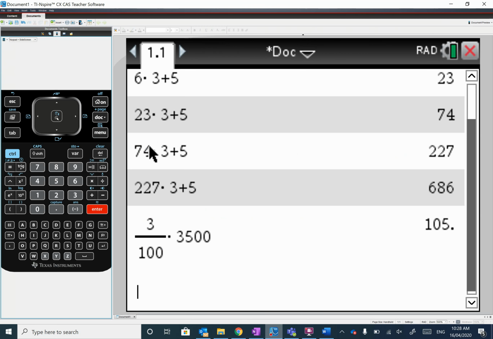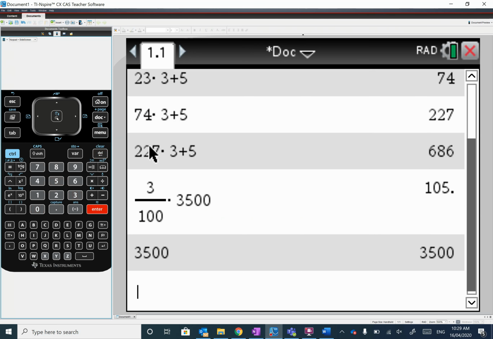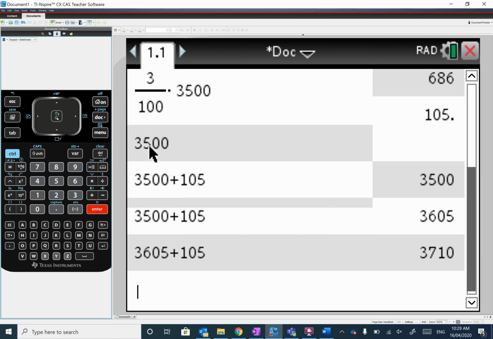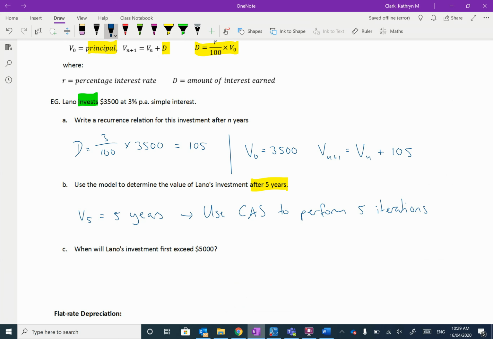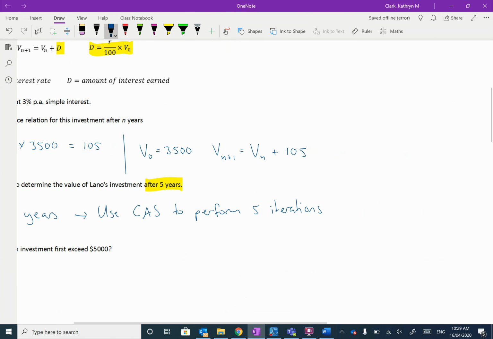Again, I'm going to start with 3,500. That's my V0 amount, and then each time I'm going to add 105. So 1 iteration, 2 iterations, 3 iterations, 4 iterations, 5 iterations. That gives us $4,025 after 5 years.